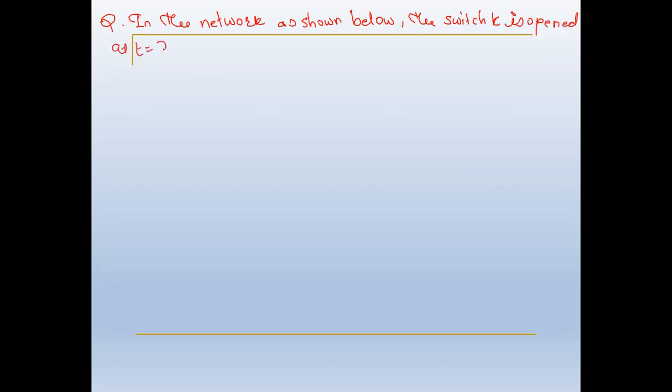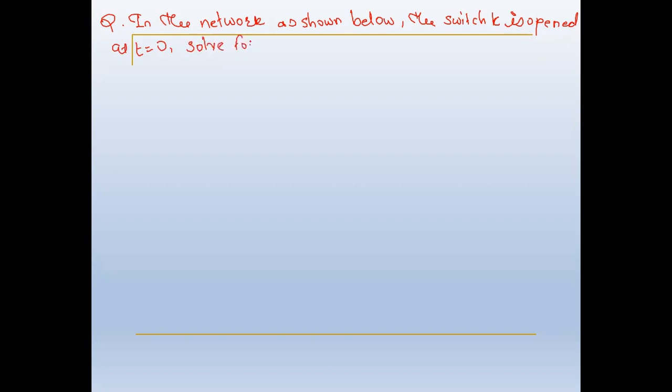So the question we have: in the network, as shown below, all of you note down the same with me. The switch K is opened at t is equal to 0.